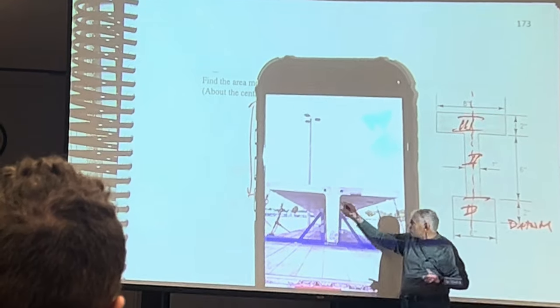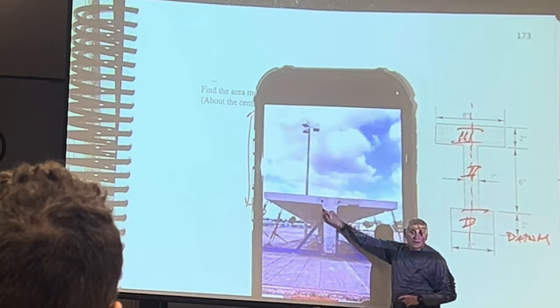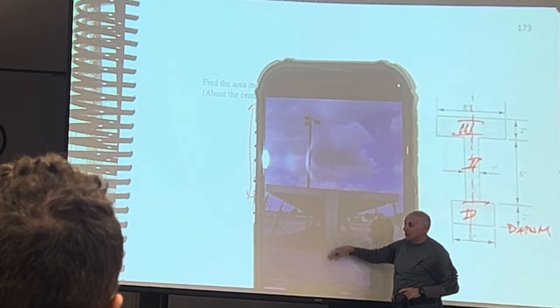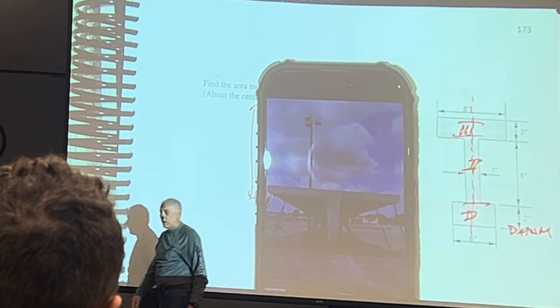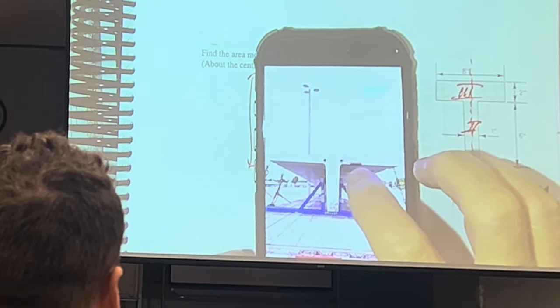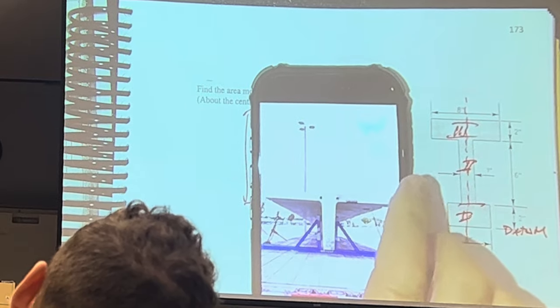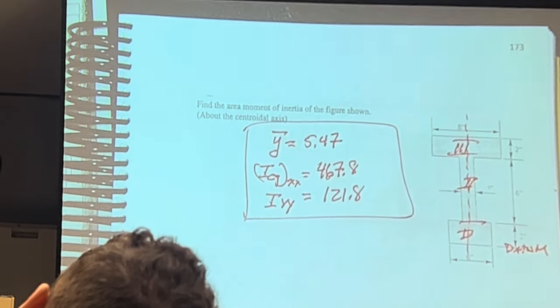There's only one hitch. You got to take into account these quarter circles right there. Because it's not really one big rectangle and another big rectangle. You can see the curvature in there, and you have to take that into account when you do this problem.